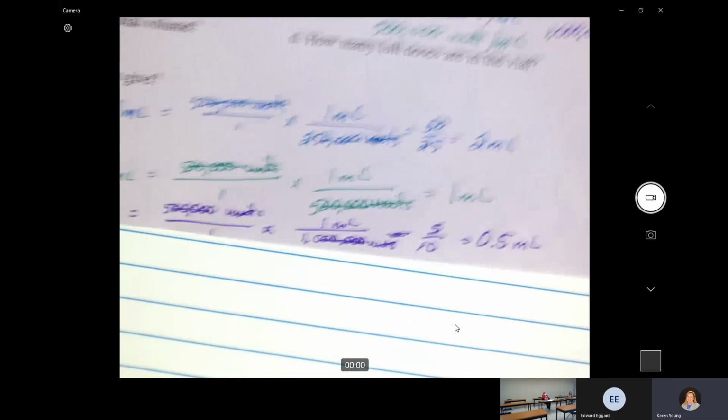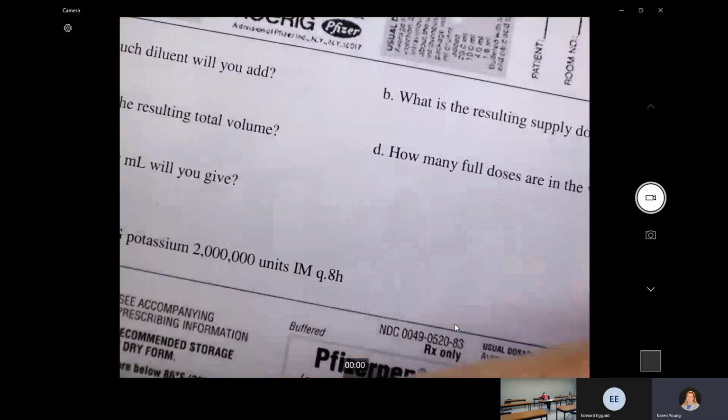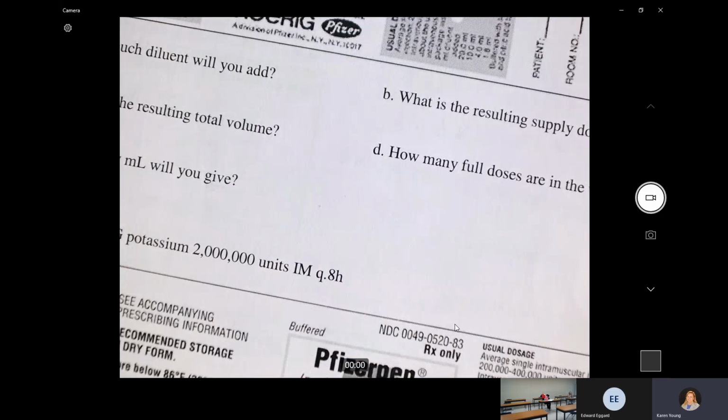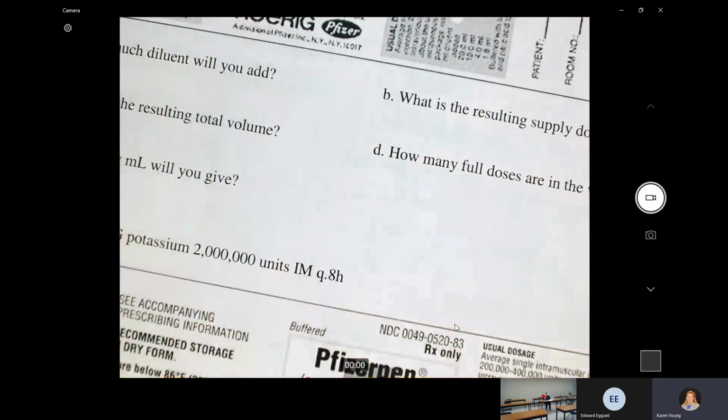Okay. So I've got 9 and 10 on back. And I'm going to let you guys work on those. I'll open it here shortly. The solutions to this worked out, even for the number of full doses and how to figure out your resulting total volume. So, read chapter 12 if you need to.